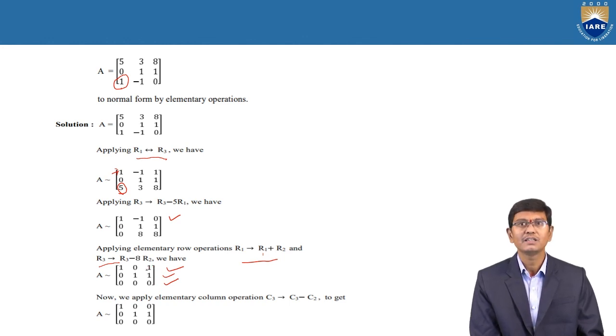Now we want to change it like that. In the last column, the first element 1 should become 0, with the help of the C1 column. Therefore, by doing C3 is equal to C3 minus C1, the matrix is changed like 1 0 0 0 1 1 and 0 0 0. And next, once again, while we are observing here, the last column and the second column are the same.